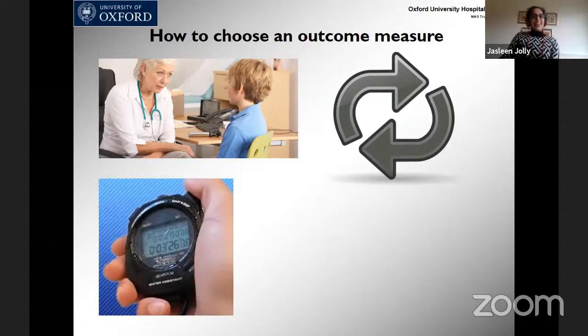Look at how long it takes to do the testing, because you don't want to overburden the patients. So for the gene therapy trial, for example, for some visits, I have patients coming in for 3 days to do tests, and that's exhausting for them.